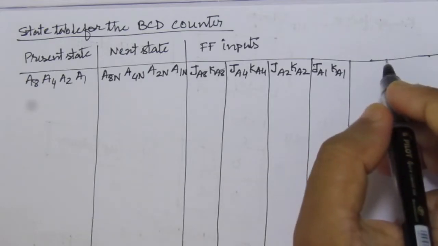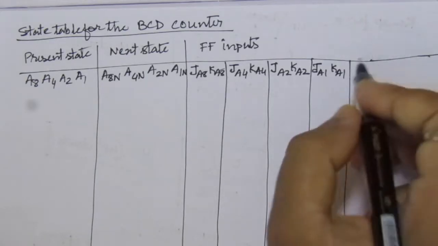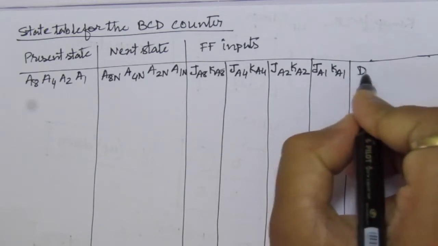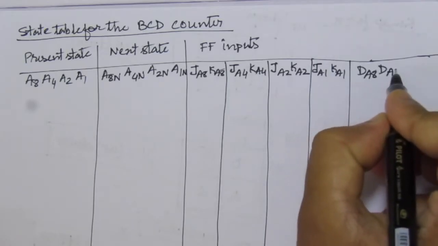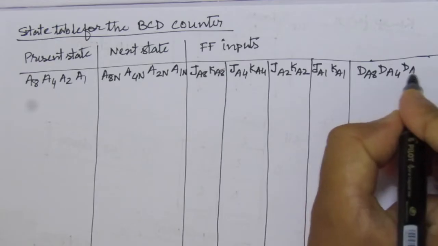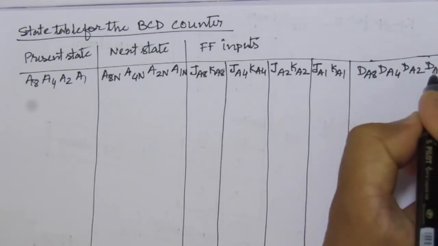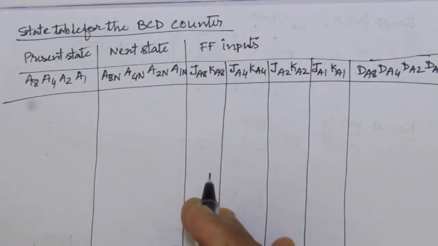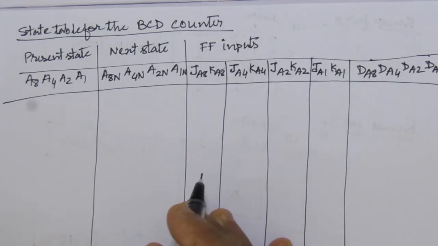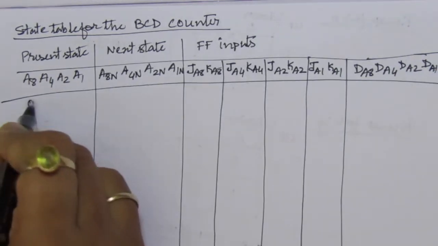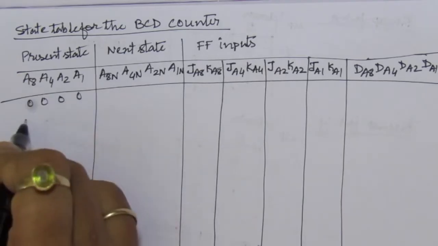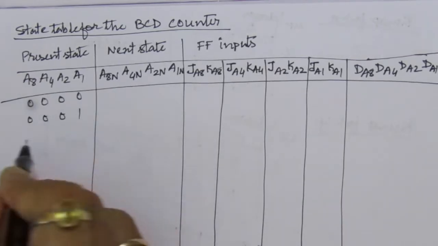In the second part we have to find out the inputs for the D flip-flops, so let me write down DA8, DA4, DA2, DA1. A BCD counter starts from 0000 to 1001. That means it counts from 0 to 9, so it has 10 counts, starting from 0000, then 0001, and in this way up to 9.